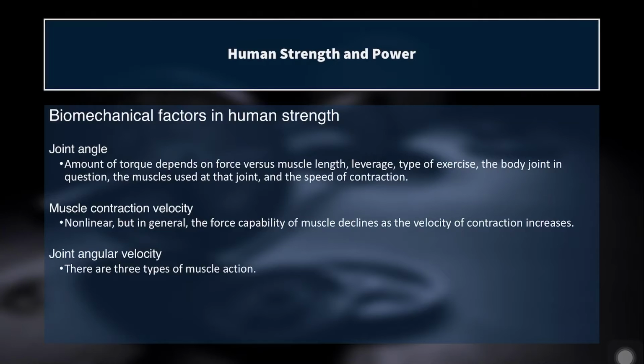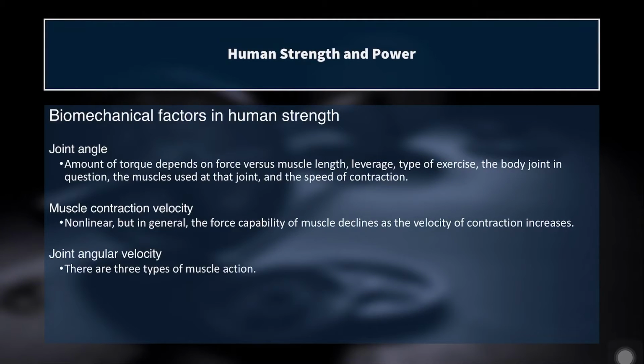All that to say, we can't assume that a joint can produce the same amount of force when it's completely flexed or at its end range of extension versus when it's right in the middle. We've already talked about things like the length of the muscle coming into play or the change in the moment arms of the muscle or of the resistive force, and all of those things contribute to changes in force output at different joint angles.